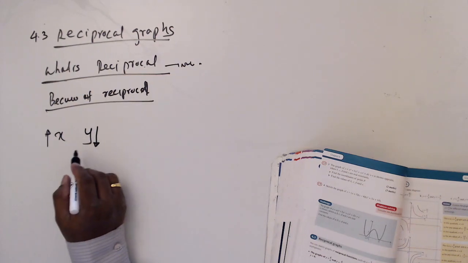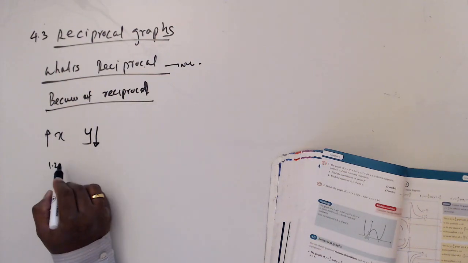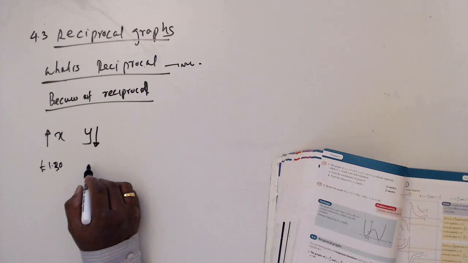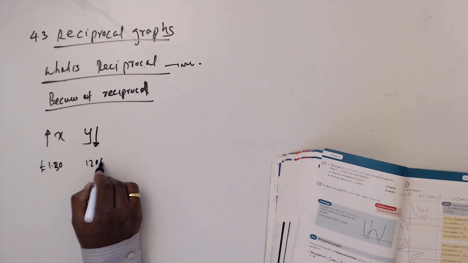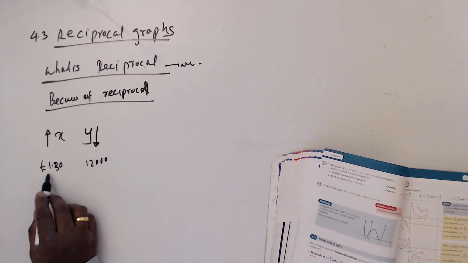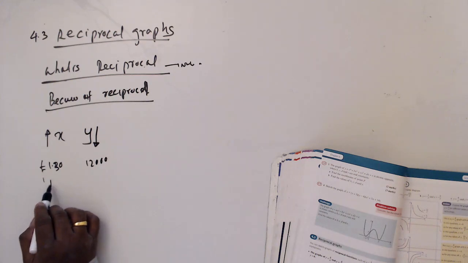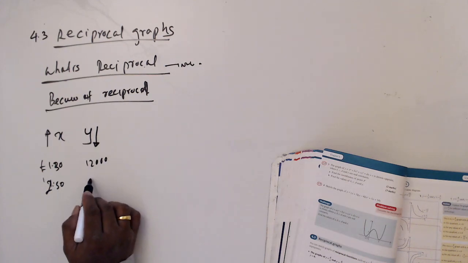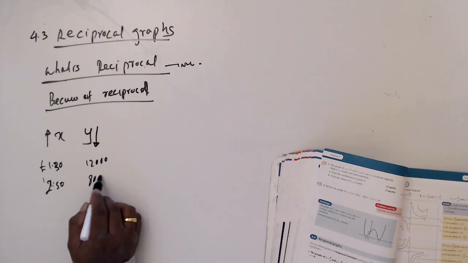At present, the petrol price is £1.30 per liter and the car cost is 12,000. What will happen when this becomes £2.50? The car prices will go down. Usually, it will become 8,000.